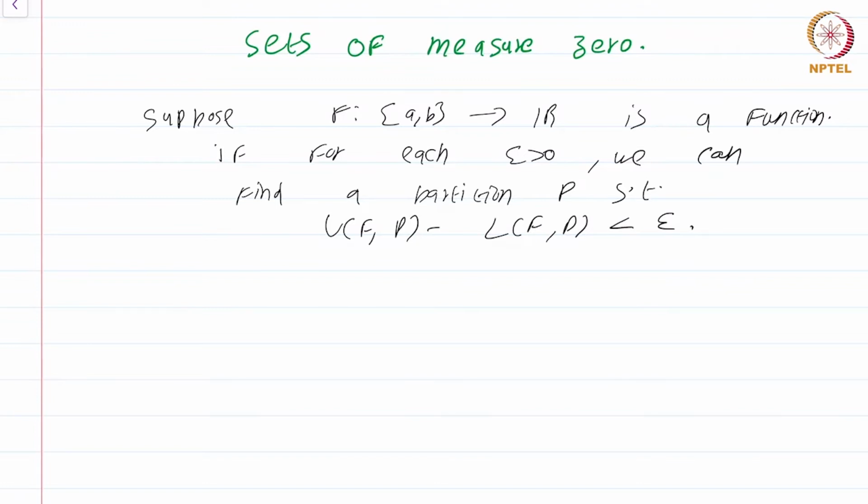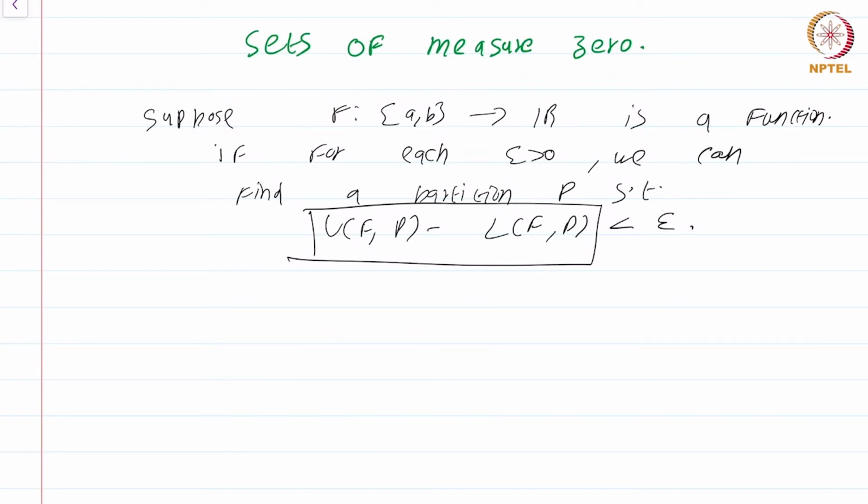such that U(f, P) minus L(f, P) is less than epsilon. Now, from the way in which these upper sums and lower sums are defined, it is clear that this quantity will be less than epsilon if and only if on each subinterval determined by the partition, the variation of the function f is very small.